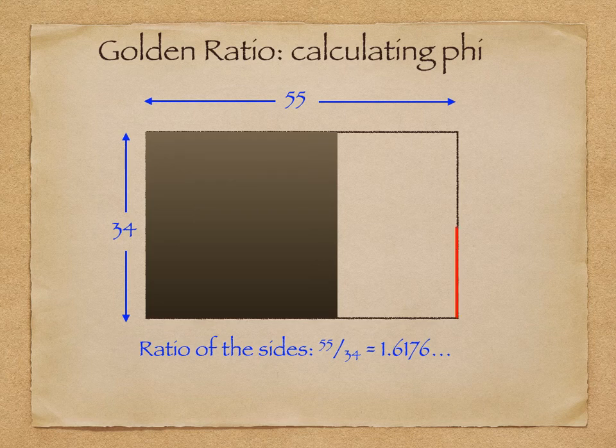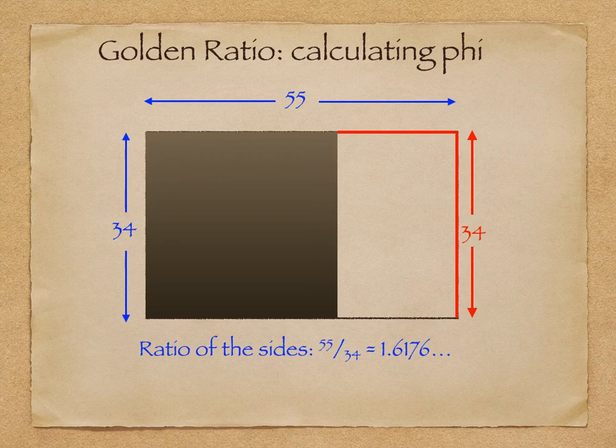I need to work out the lengths of the sides of this smaller unshaded rectangle. Its longer side is shown here in red, and it's the same as the shorter side of the bigger rectangle. That's 34. And what about its shorter side?